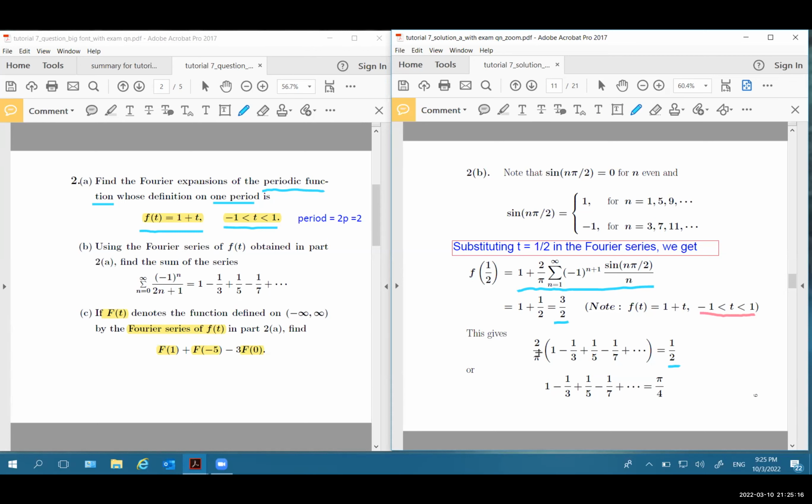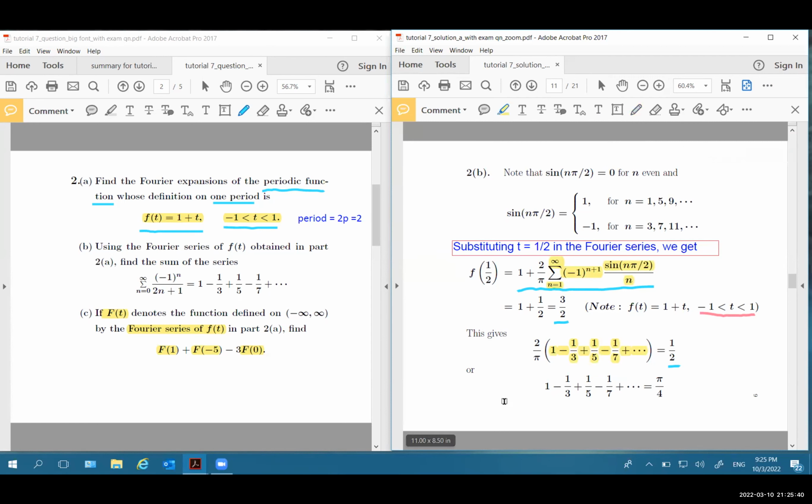Over this side, you will have the 2/pi, and you have this infinite series here, right? Let me change the highlight. So this infinite series here, this one that I highlight, actually will give me this.